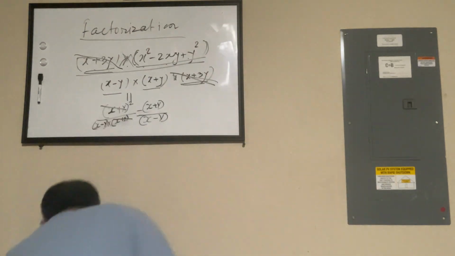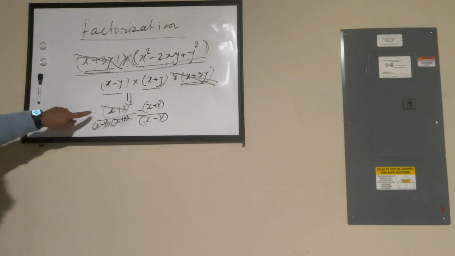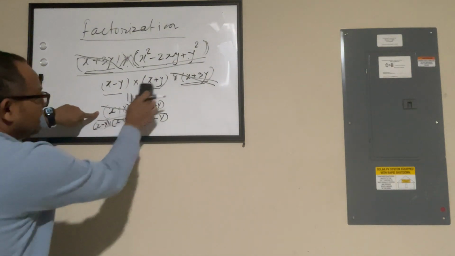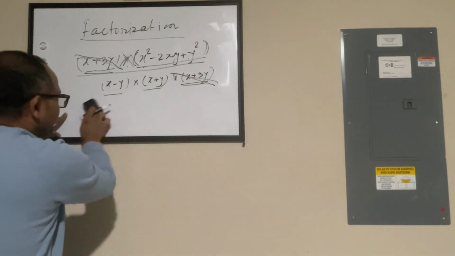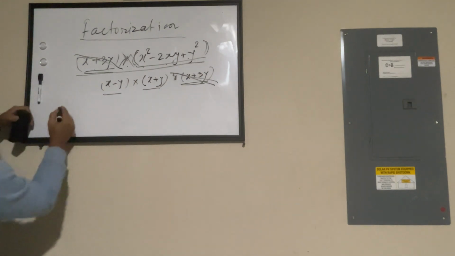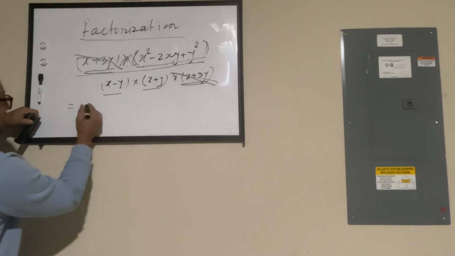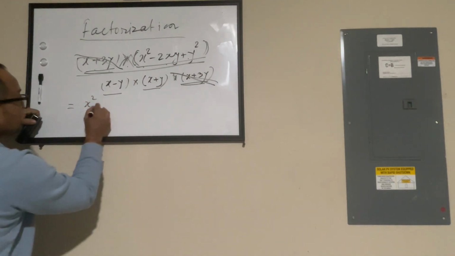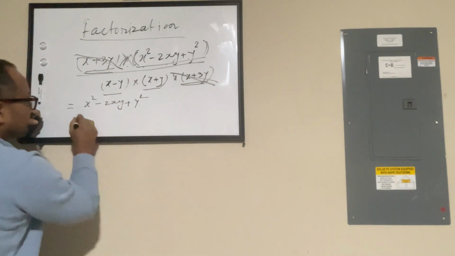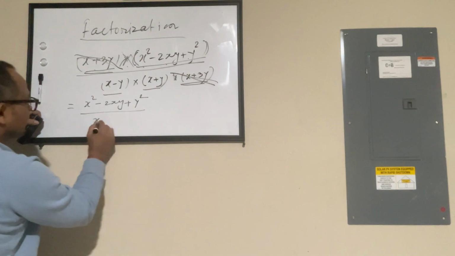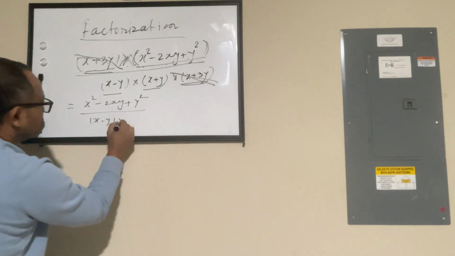Here, what mistake Advik did was, he did not pay close attention to the things, okay? After doing this, what Advik should have done is write this equation one more time. Whatever is gone is gone. What we are left with is what we have to write.